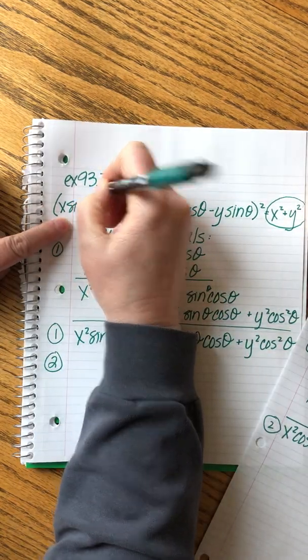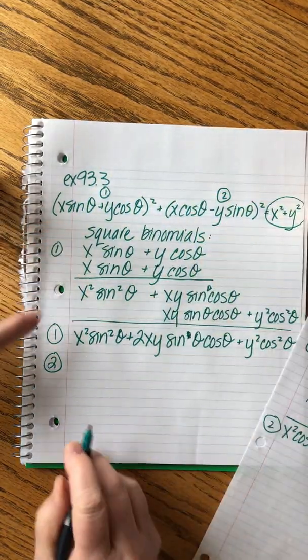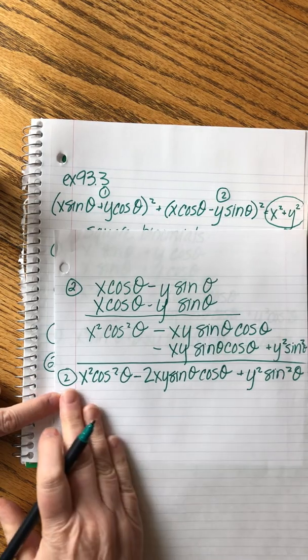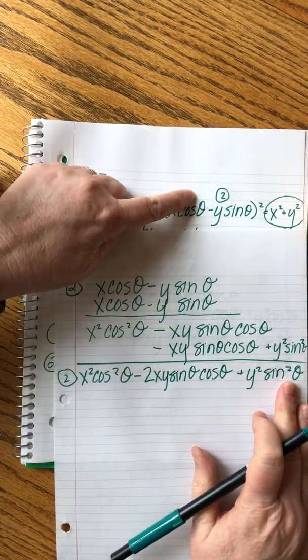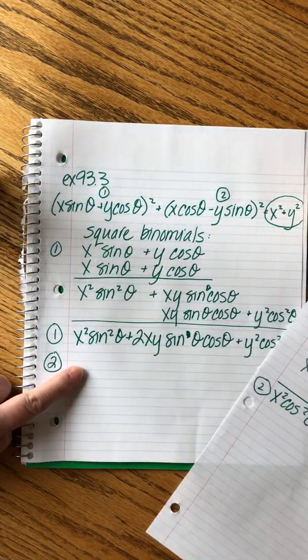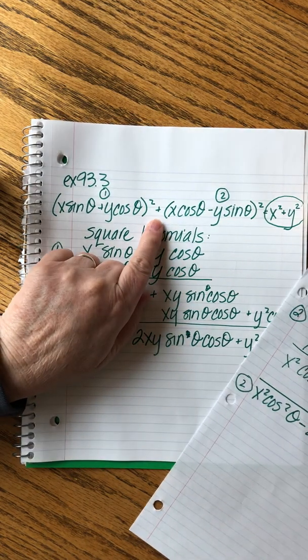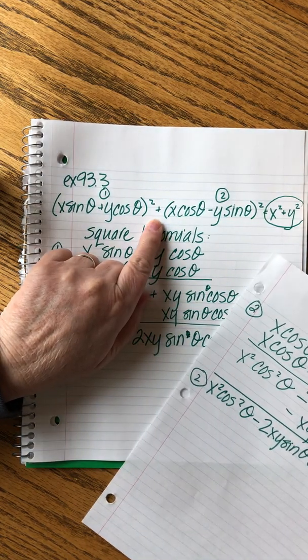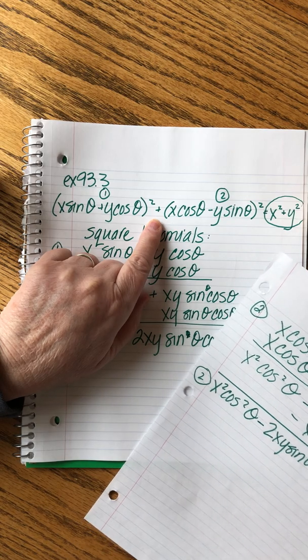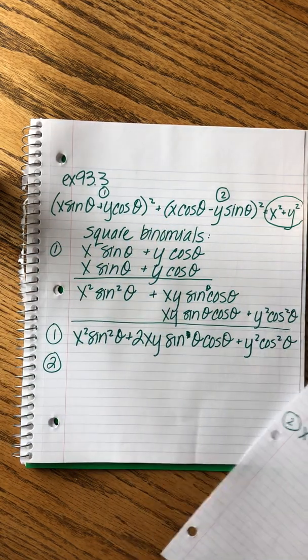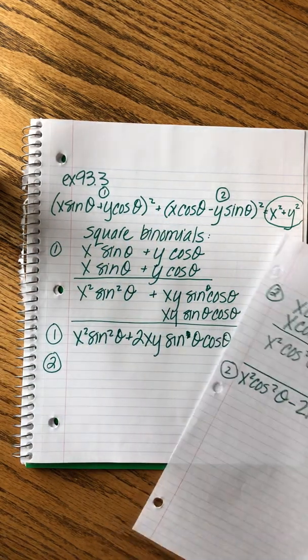I'm calling this 1 and this 2. Now I'm going to copy my answer for the second binomial squaring right here. I'm adding it. Let me double check and make sure that's right. I'm adding it, so I'm going to leave all the signs the same.